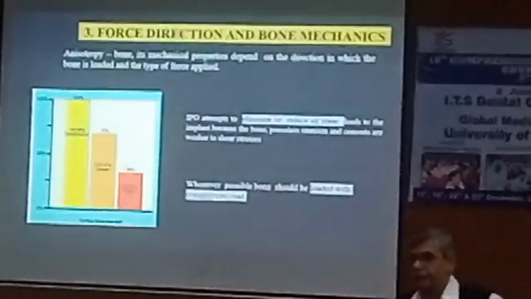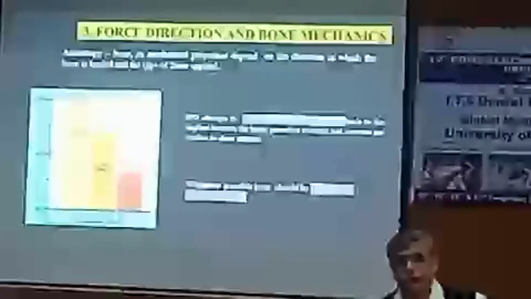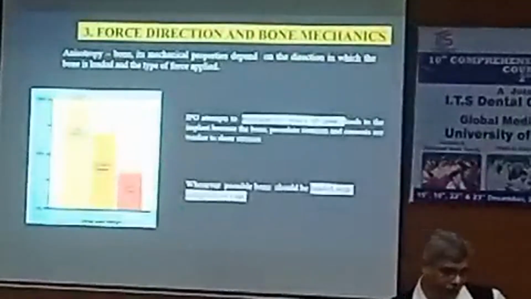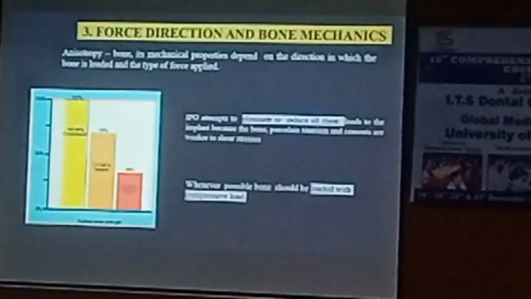They are nothing but hydroxyapatite crystals. Right? The bone is like a composite which has a matrix, which is organic matter, and it has a filler. The filler gives you strength. So these trabeculae will be directed in such a manner that they are perpendicular to the direction of the force.